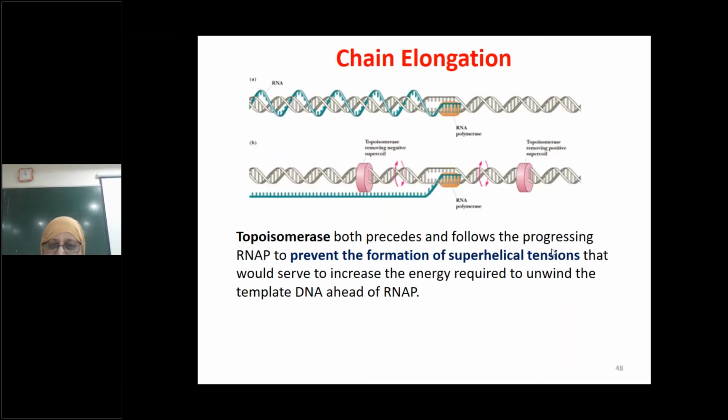They both precede and follow the progressing RNA polymerase to prevent the formation of superhelical tensions that would increase the energy required to unwind the template DNA ahead of the RNA polymerase. So these topoisomerases, both before and after the RNA polymerase, will remove the supercoils.